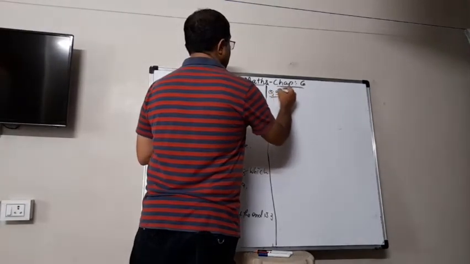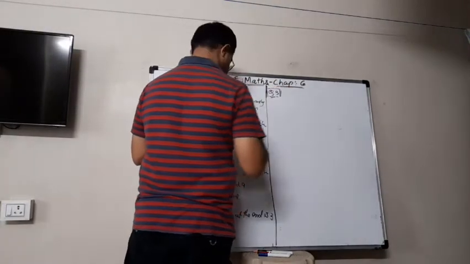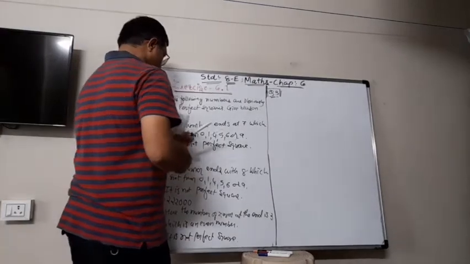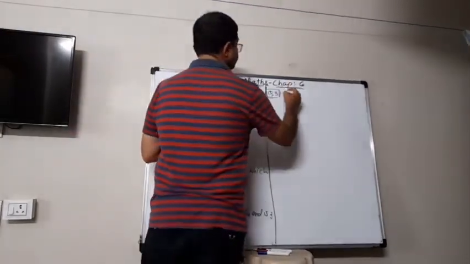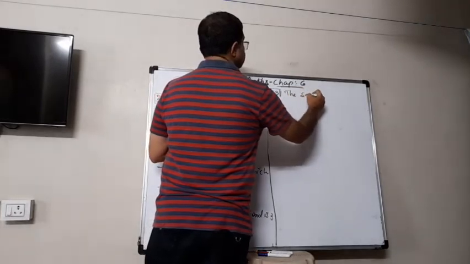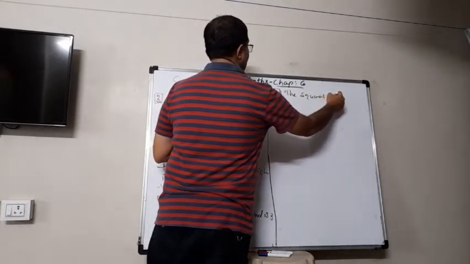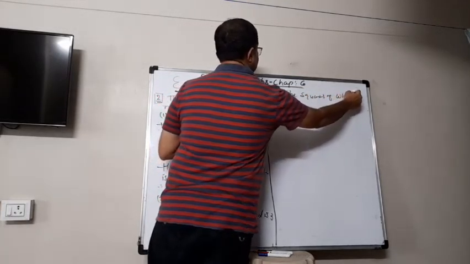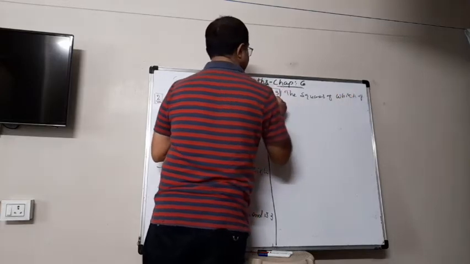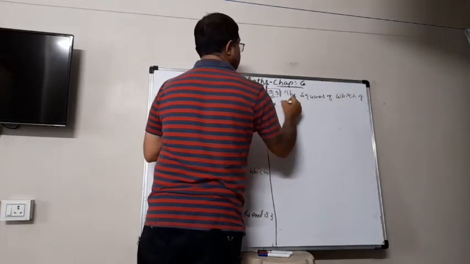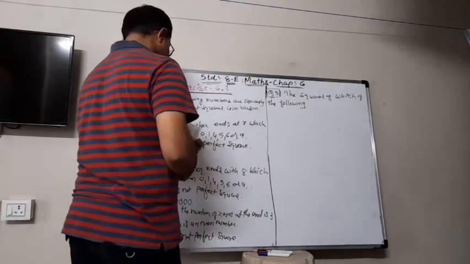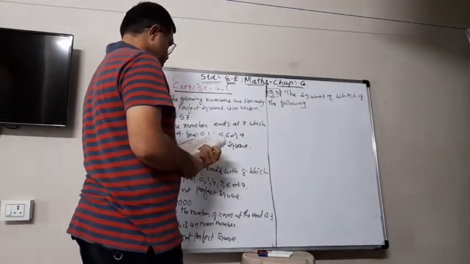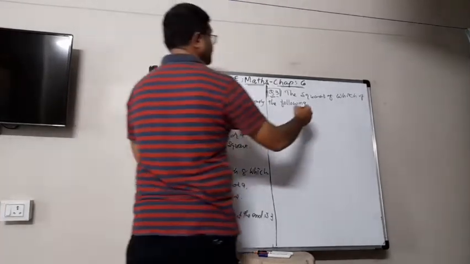Let's do question number 3. Question number 3 says: the squares of which of the following would be odd numbers?